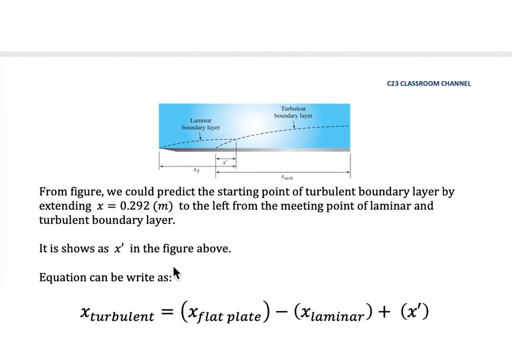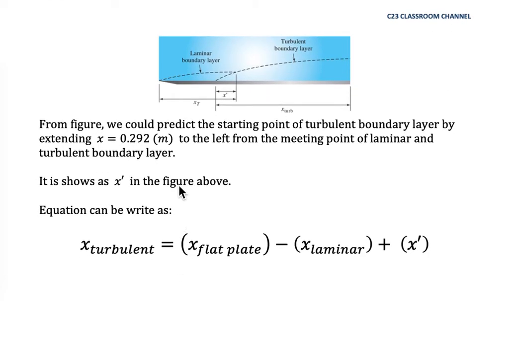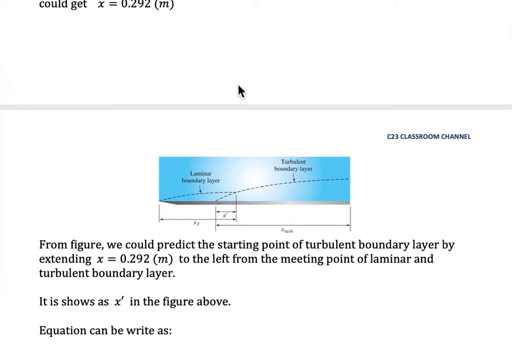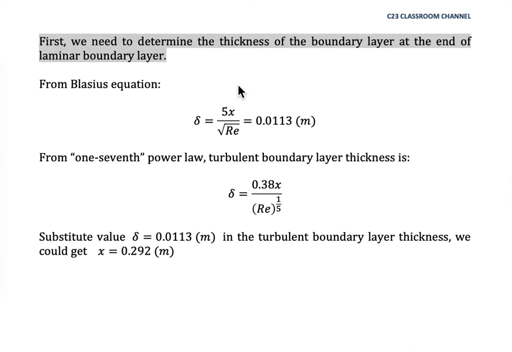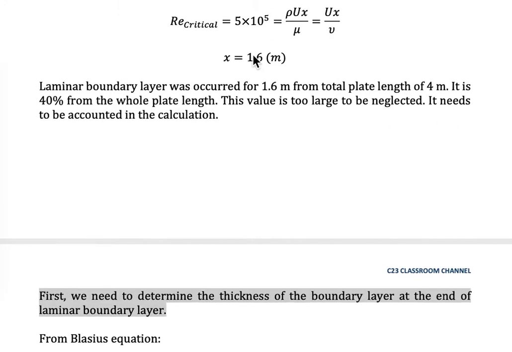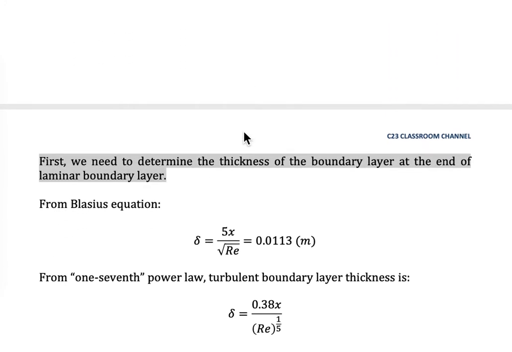So what does that calculation mean? For the first calculation, we solved the laminar boundary layer. So the laminar boundary layer occurs until this point, and this length is 1.6 meters.